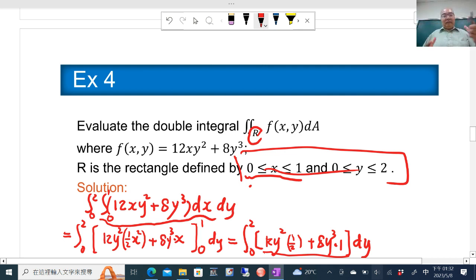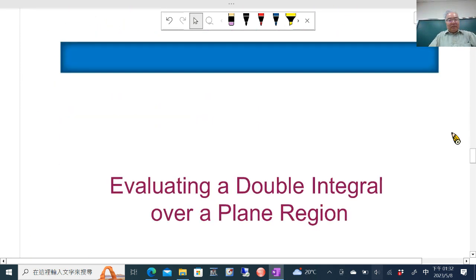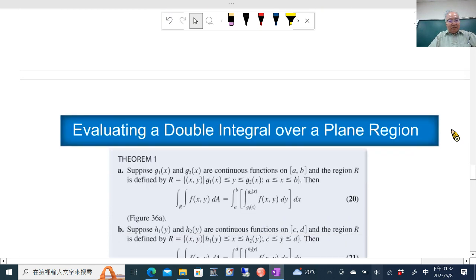But sometimes the domain will be an irregular region that can be described by functions. In that situation, the evaluation using the iterative method will be a different story.